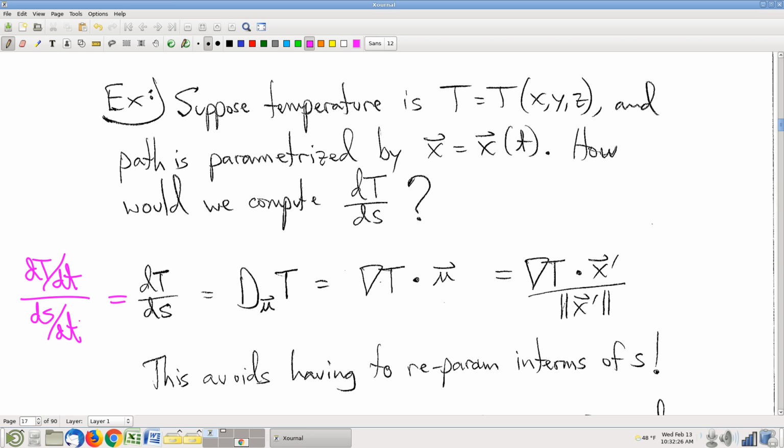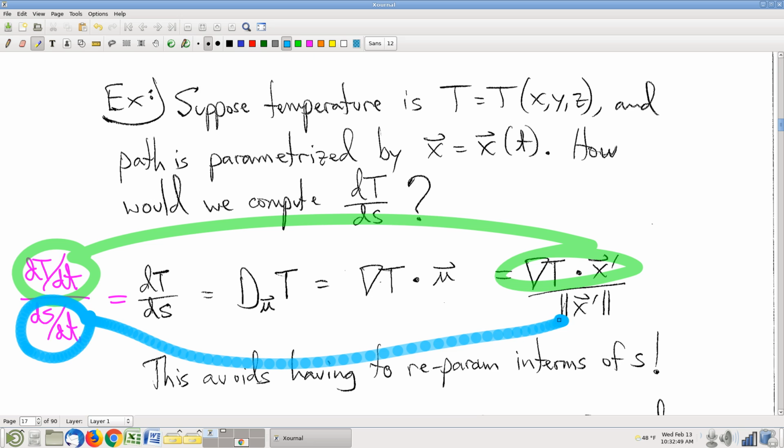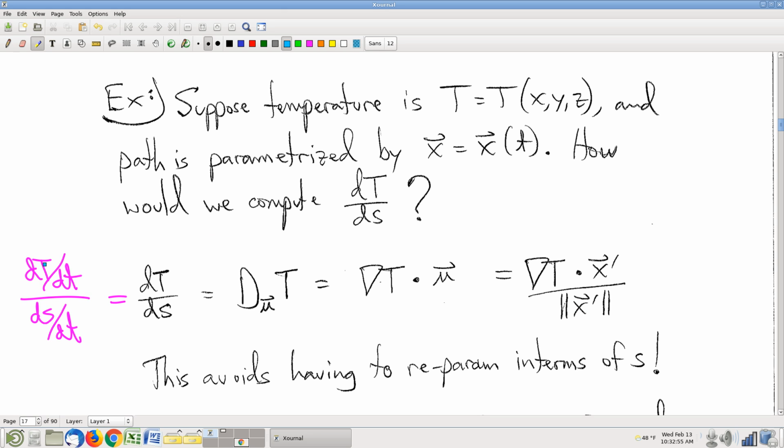Once we restrict our attention to a single curve, everything in sight is a single variable function. Temperature is a function of distance. Distance is a function of time. Single variable calculus will do this, and both of these things are easily computed. In fact, this is that, and this is that. So you see you're going to get the same answer. So, okay, arguably not the best example in the world for directional derivatives.